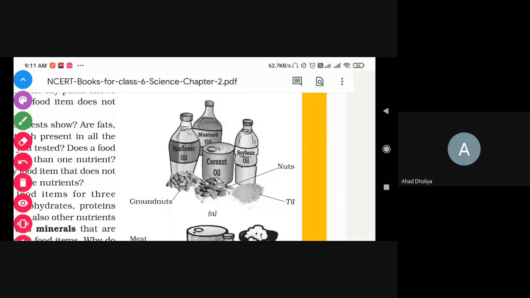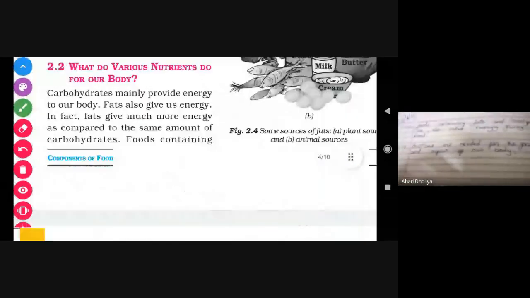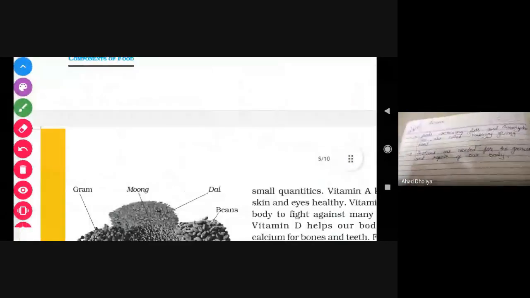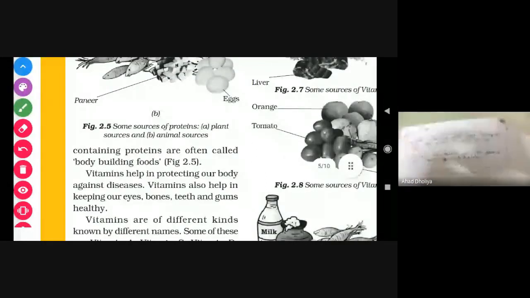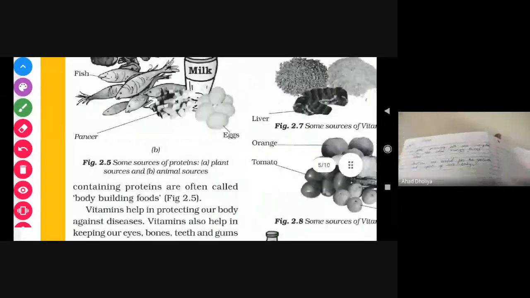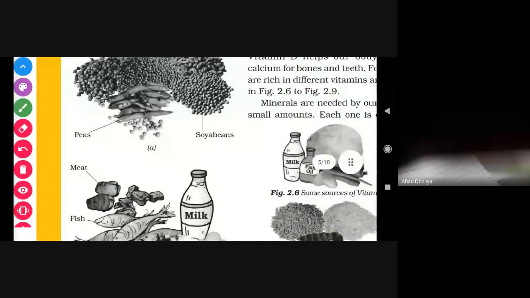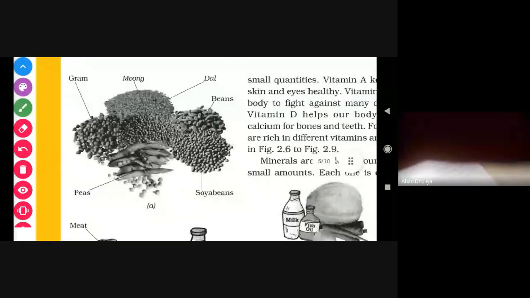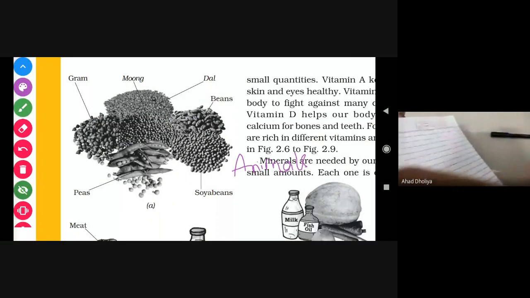Understood, everybody? Now, these are the sources of proteins: fish, paneer, eggs, milk, even meat. All the proteins we get from these types of food. Peas, moong, gram, dal, beans are the sources of proteins from plants.